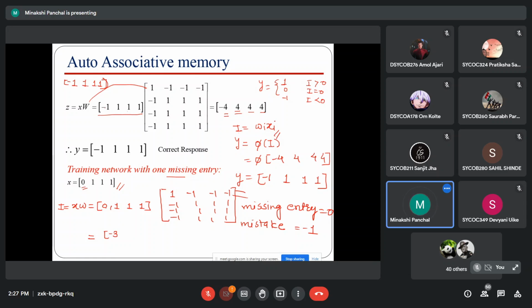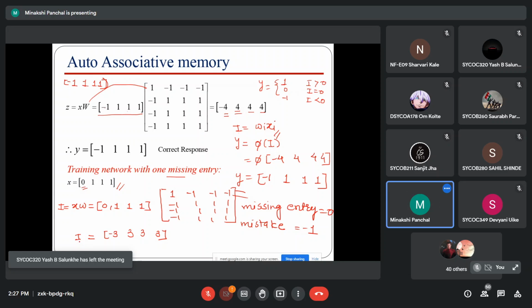Second element, first row, second column. So it gives me 0 into all other elements, so it gives me 3, again 3 and 3. Am I correct? Yes, ma'am. Okay, so what is this? This is nothing but the summation function I. Now I want to find the output y.